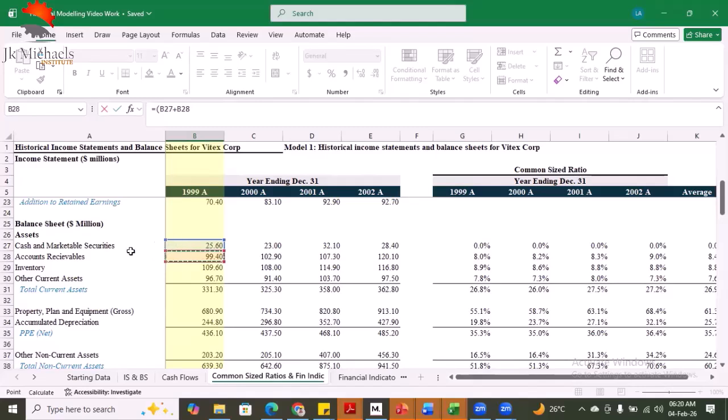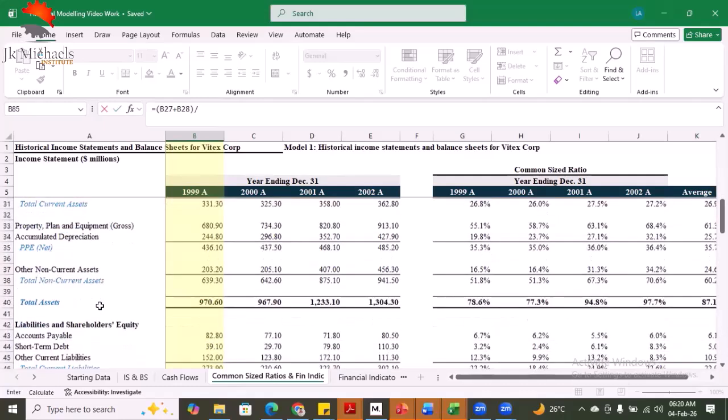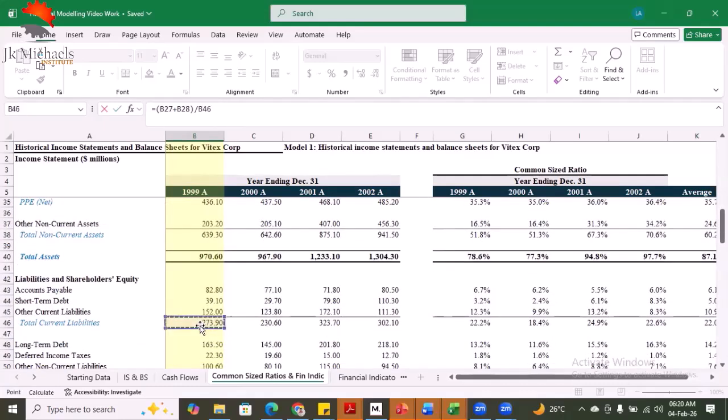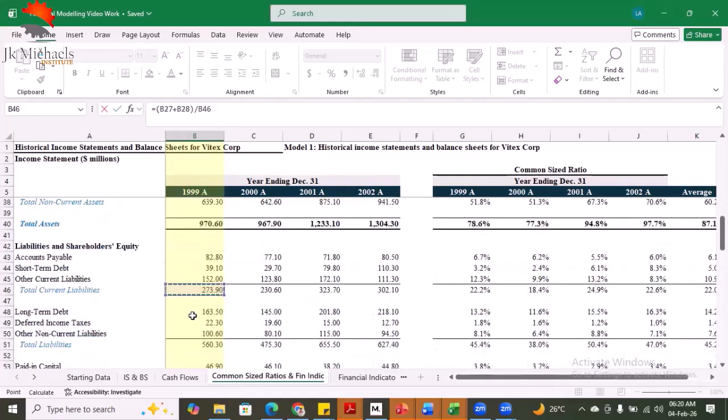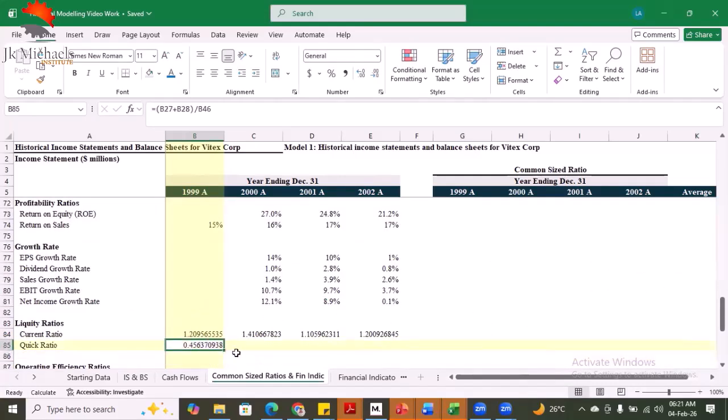Now, the two ways we could have total current asset less inventory, but you can see that we have other current assets and it will factor in if we use this method. So it's better to do this for a more accurate count and divide by current liability, and this is what we have, right? Cash and marketable security plus receivables divided by current liabilities, and then we have 0.4.